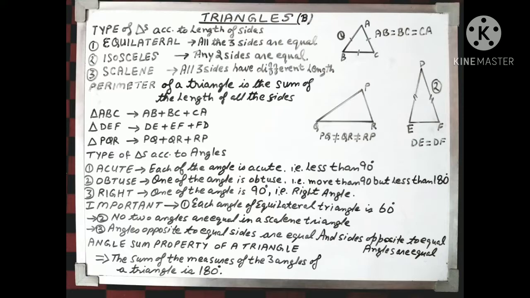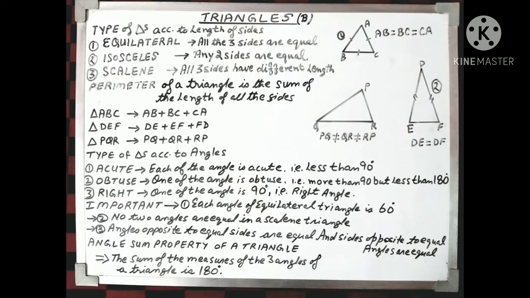Now, the next thing to understand is perimeter. What is the perimeter of a triangle? Perimeter is the boundary of any rectilinear figure. So the perimeter of a triangle is the sum of the lengths of all three sides.